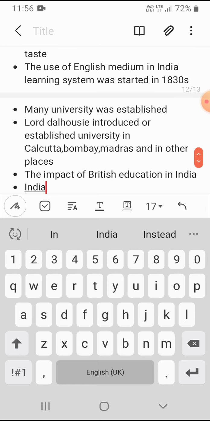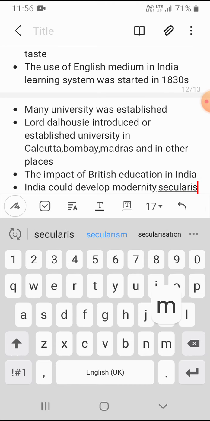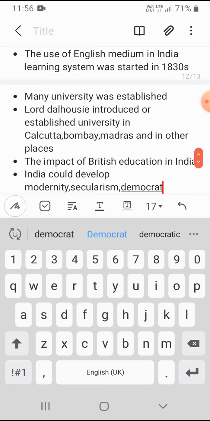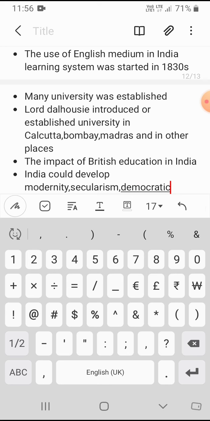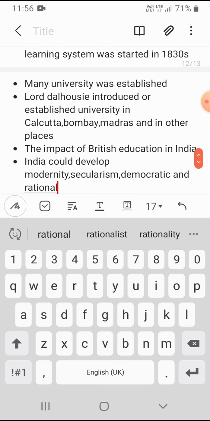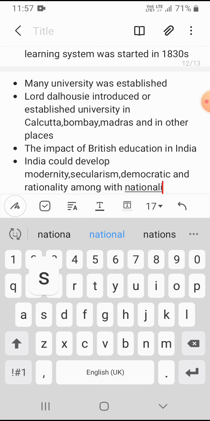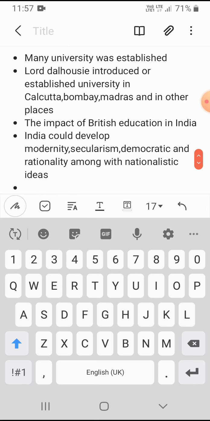So India could develop modernity, secularism, as well as democratic and rational ideas, along with nationalistic ideas. By these ideas they could grow India.